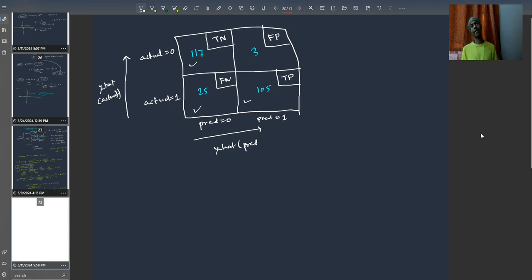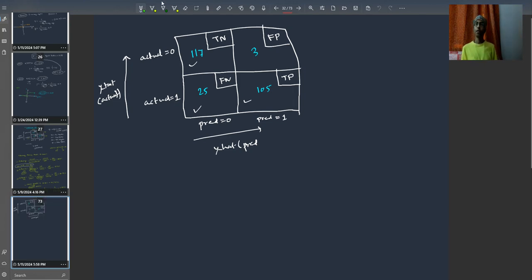Now there are certain parameters with which the performance of a confusion matrix can be judged. Let us first know about those parameters. The first parameter is accuracy. This is measured by total correct predictions by total number of data points.